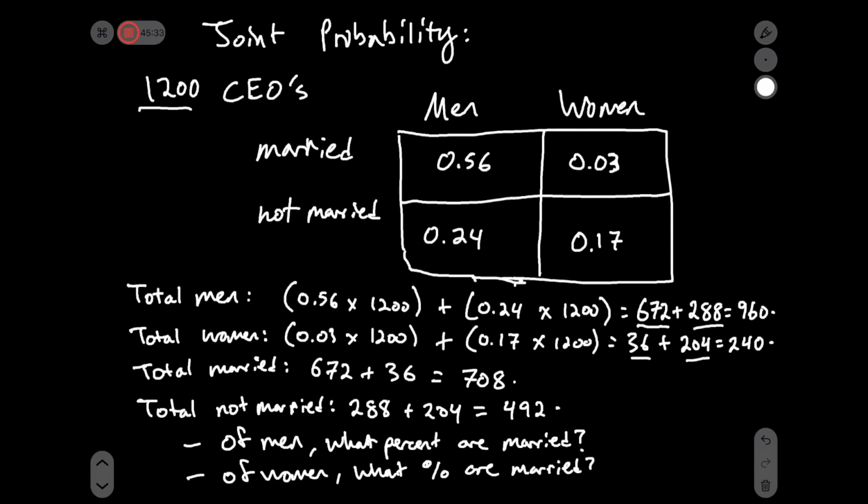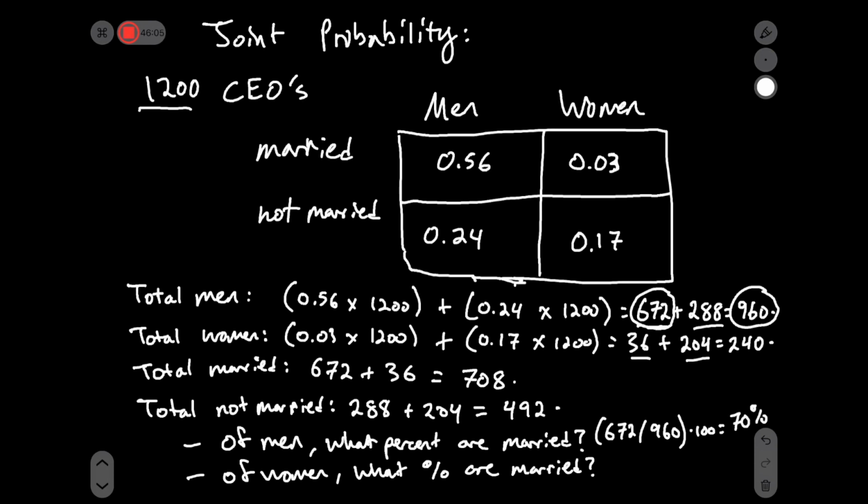Well, this actually is a relatively simple question to answer now. Let's take men first. Of men, what percent are married? We know 672 are married out of the 960. So this should be pretty easy to calculate. 672 divided by 960 times 100, and this gives us 70%.